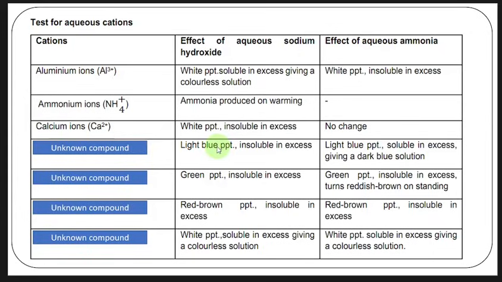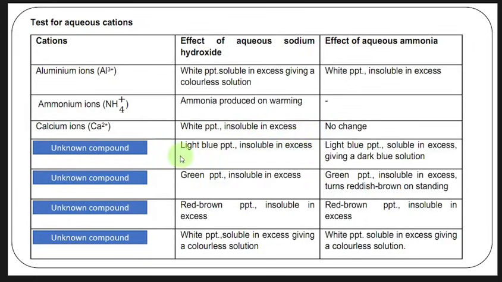Then also, if you add aqueous sodium hydroxide to a portion of an unknown compound and you see a light blue precipitate formed, and then, in the same way, you add excess sodium hydroxide, you see that the light blue precipitate remains insoluble in excess.